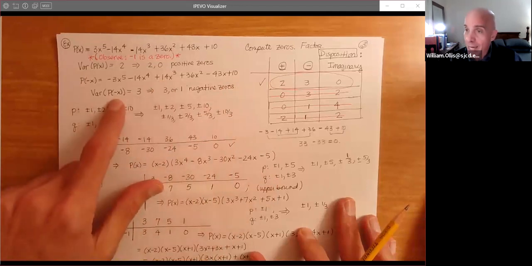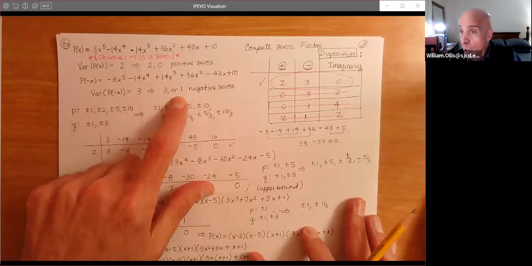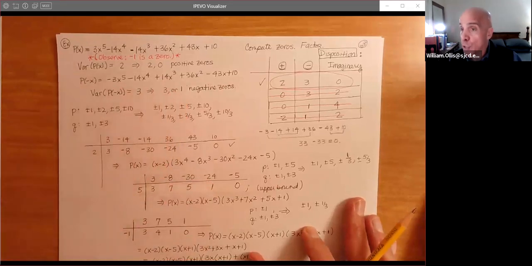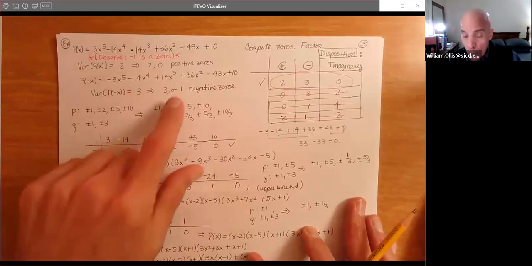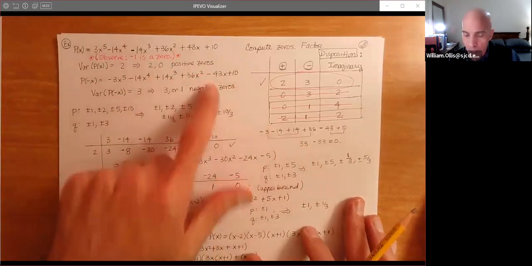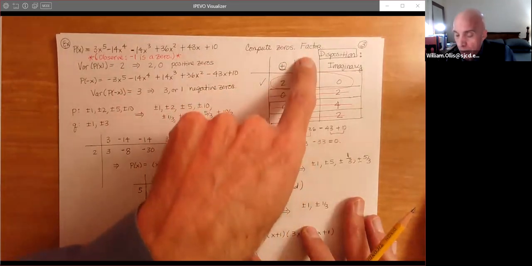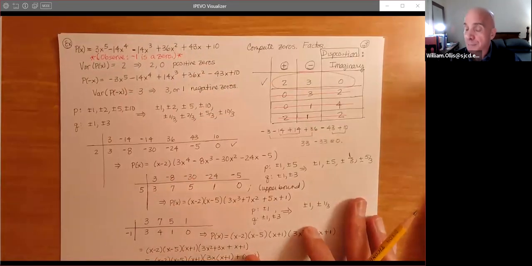So the variation of P of negative X is 3. If we subtract 2, which is an even whole number, we get 1. And if you keep subtracting, you get negative, so we stop just like we did here. So for the negative zeros, we only have 3 or 1.